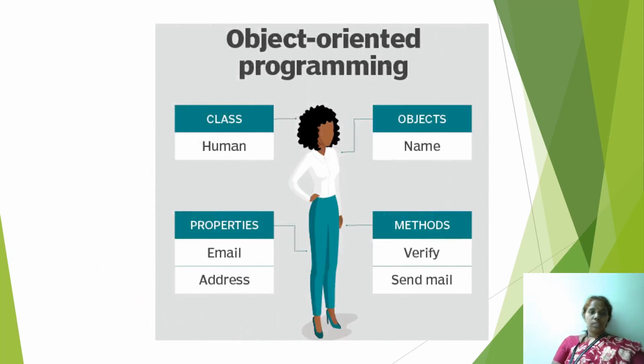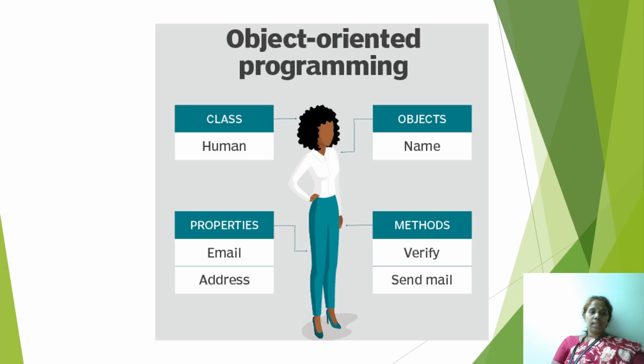Next we are going to see the object oriented programming basic concepts. We have already discussed two concepts, classes and objects. A class is the blueprint or template of an object. Assume that we have human as a class and name as an object.